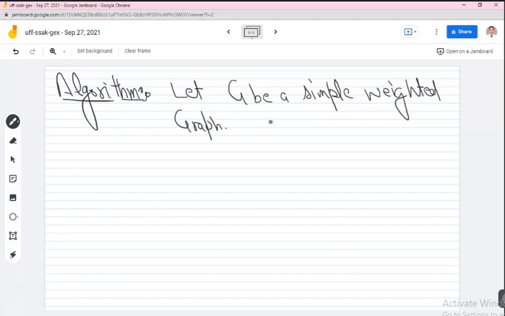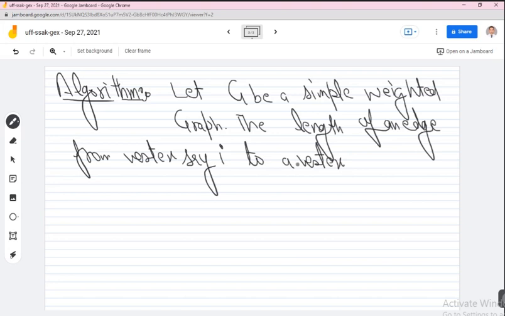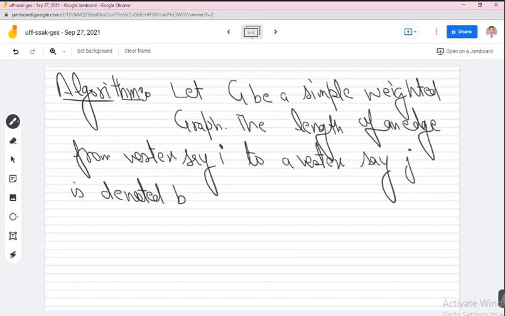The length of an edge from vertex I to vertex J is denoted by Dij.